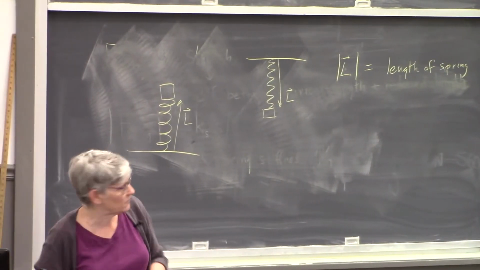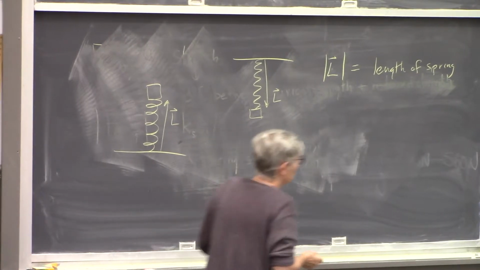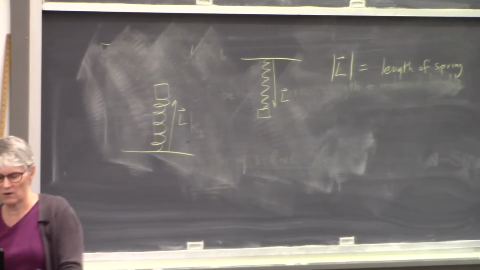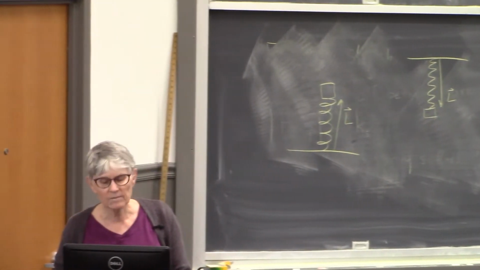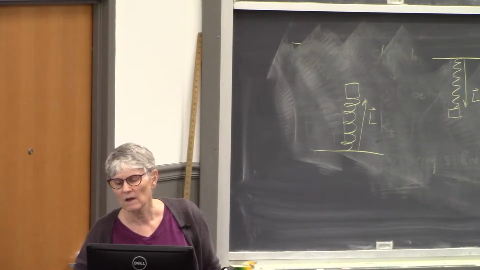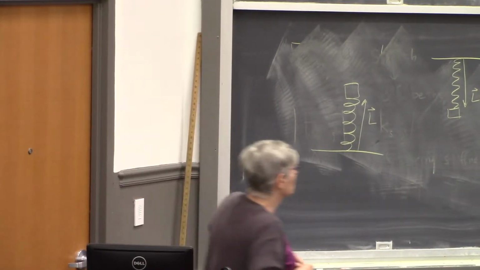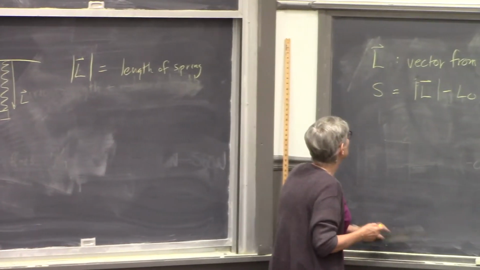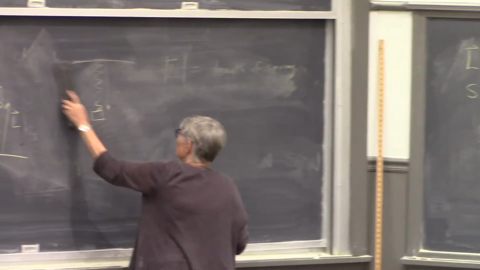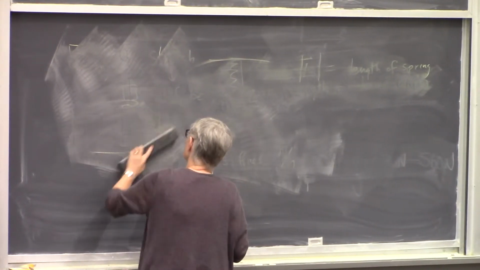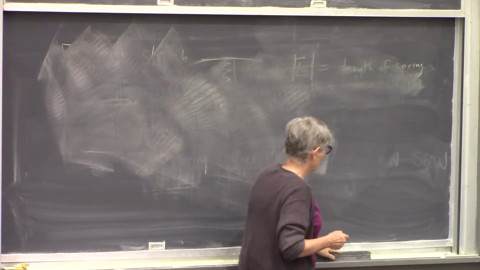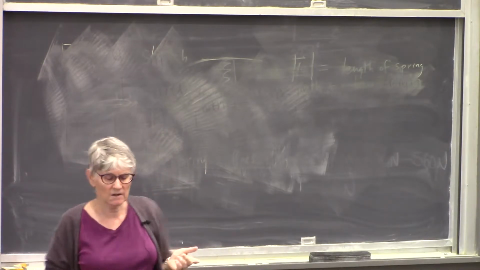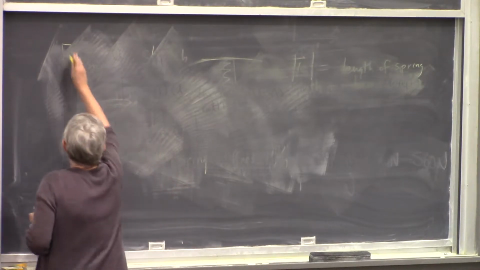So let's see if we can convert the equation we have into an equation that actually involves a vector and therefore has a direction. So let's consider two different cases and see if we can generalize from those.